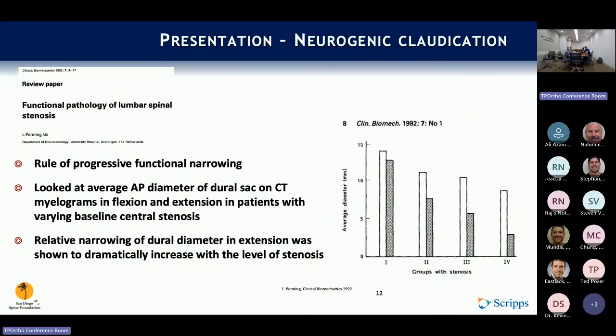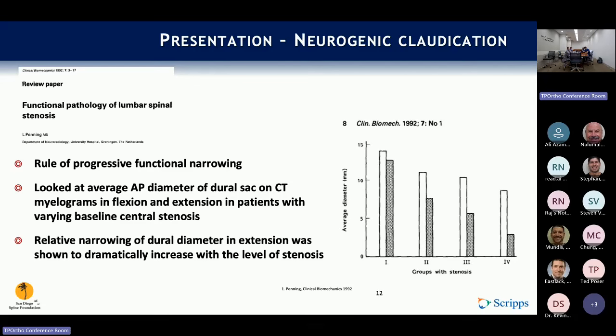And then in terms of the narrowing of these patients, especially with different types of positions, the Penning paper here essentially showed that patients with progressive narrowing had more stenosis as they went into extension. So here you can see the image on the right with group 1, the control group.